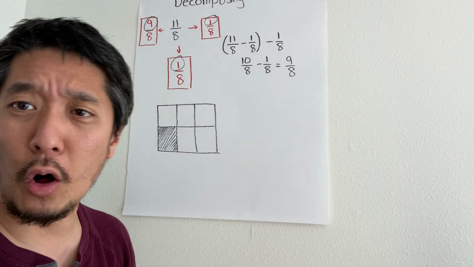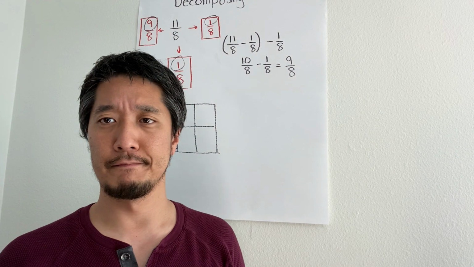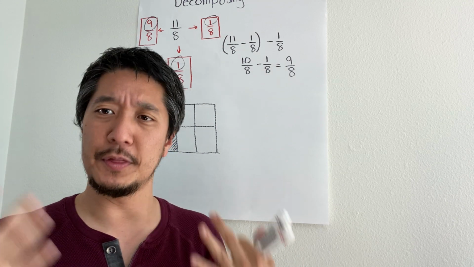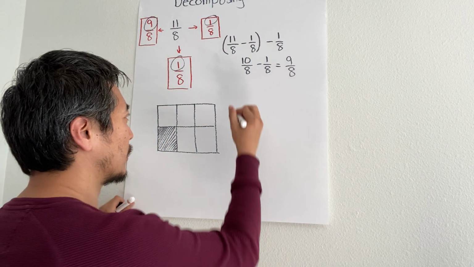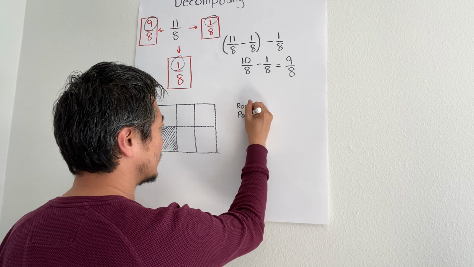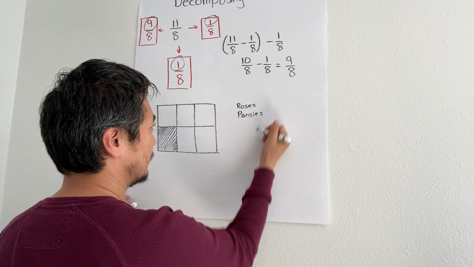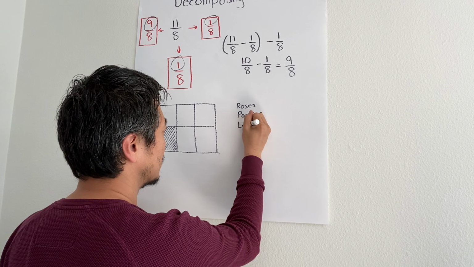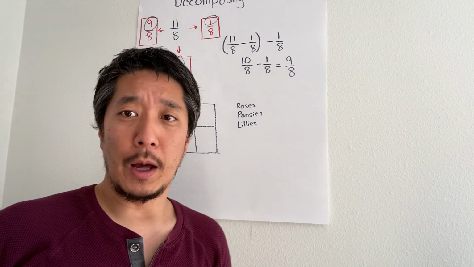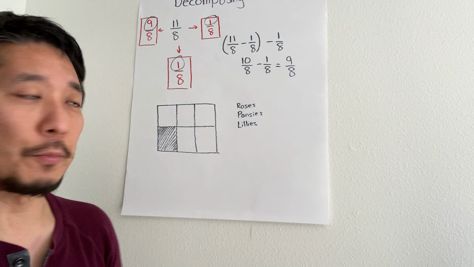Now I want you to think about all the things you could plant in a garden. Your list does not have to be the same as mine. I can plant roses, I can plant pansies, I can plant lilies. I came up with 3; you can come up with more. So here's the problem.